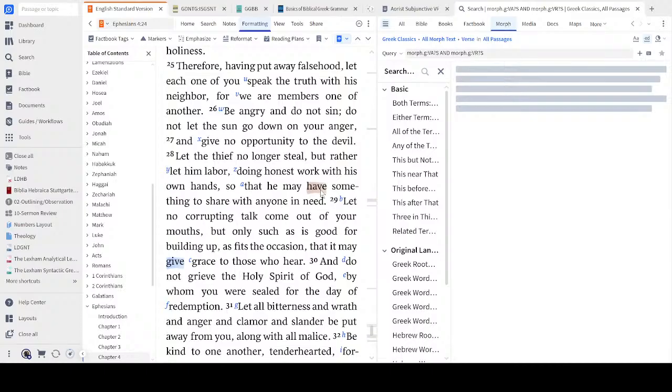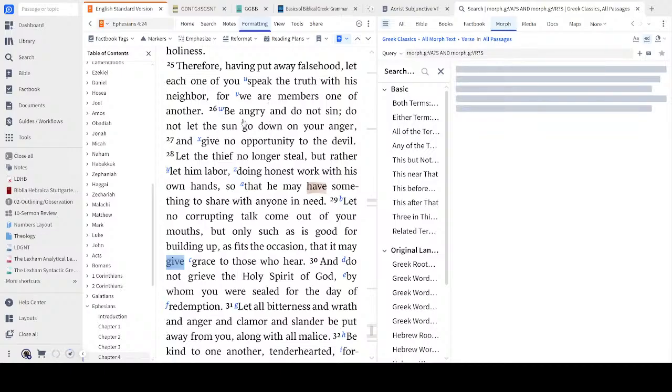I would lean towards the subjunctive being the Greek word echo. And yeah, right now they have the possibility that it, here is from the Greek word didomi, which means to give or to grant.